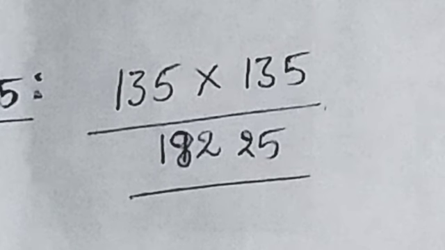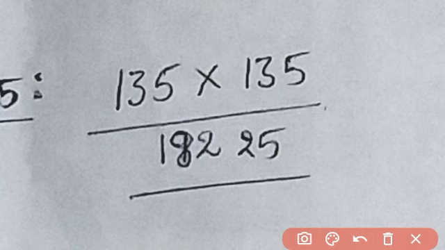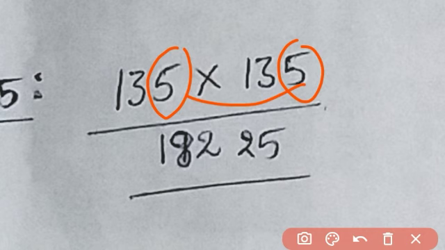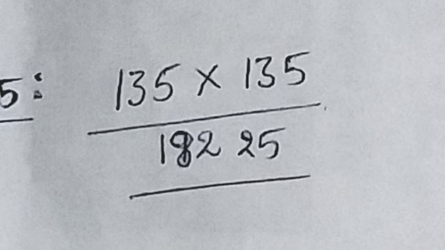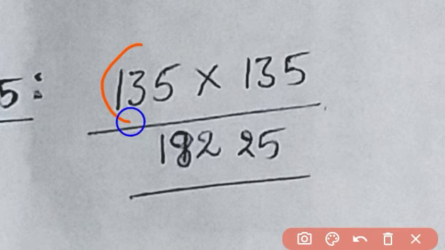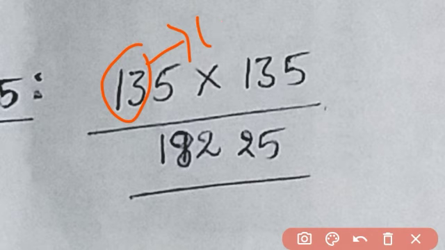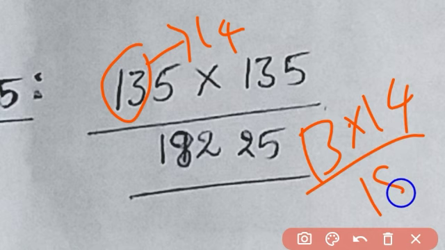Next example, 5 and 5. 5 plus 5 is 10. You multiply 5 into 5, 25, and multiply the 13 with the next number, that is 14. 13 into 14, we get 182.